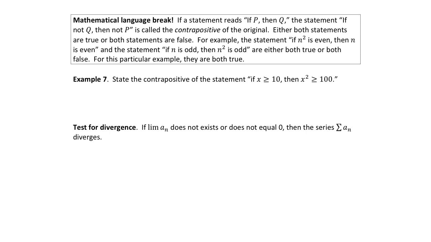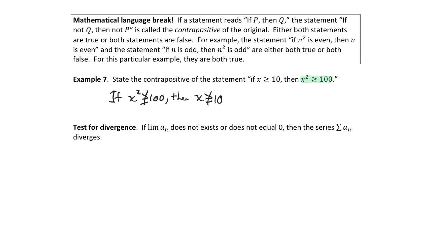So just for a little practice, state the contrapositive of the statement if x is greater than or equal to 10, then x squared is greater than or equal to 100. Well, we're supposed to take the statement at the back end, I'm going to highlight that in green, and move it to the front end and negate it. So if x squared is not greater than or equal to 100, then x is not greater than or equal to 10.